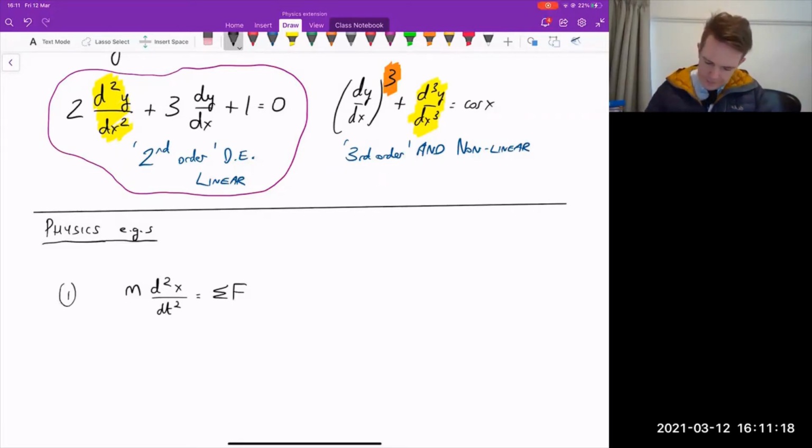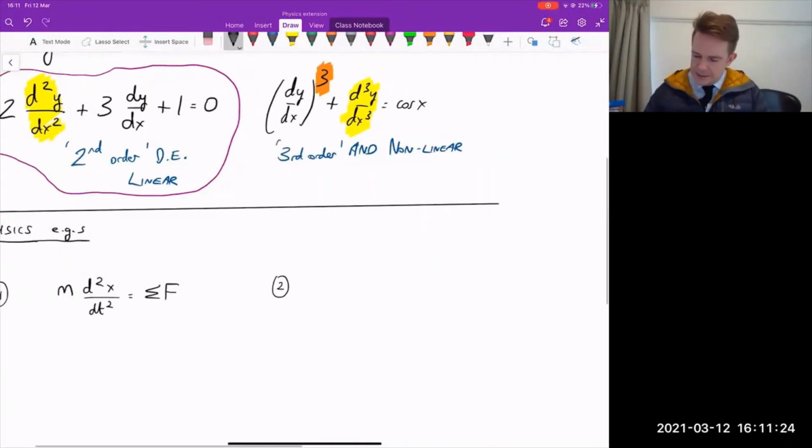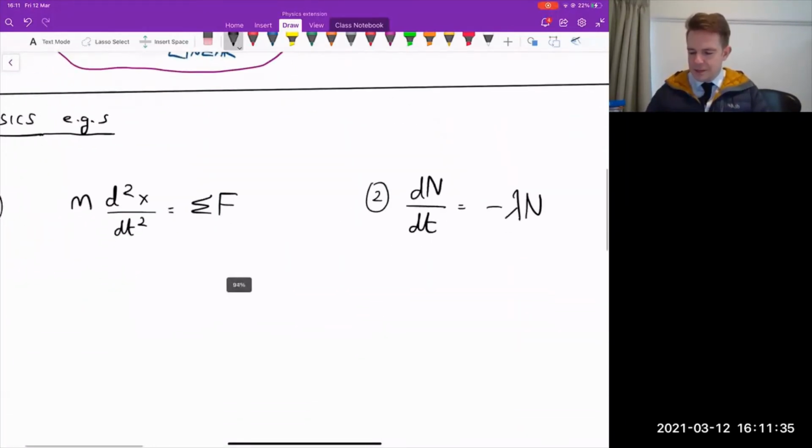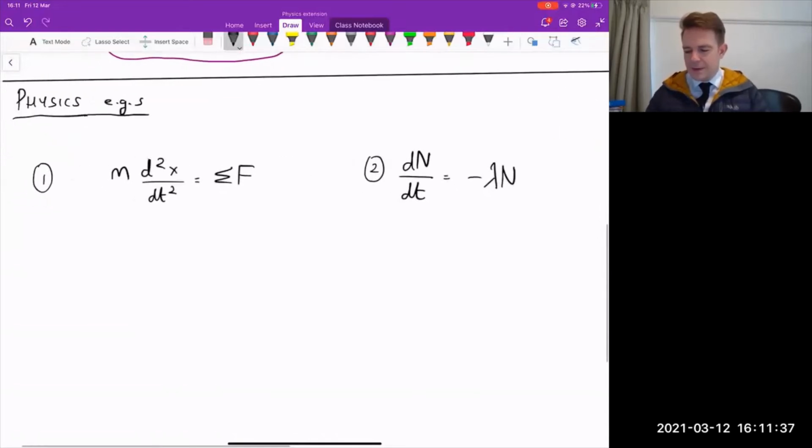So that's number one. Number two, well, let's go with dN/dt equals minus lambda, which is a constant, times N. That's another differential equation which is related to an A-level topic.